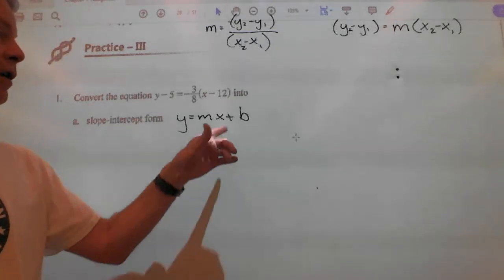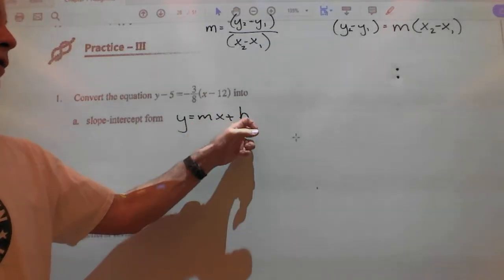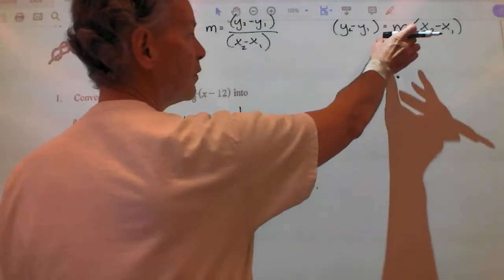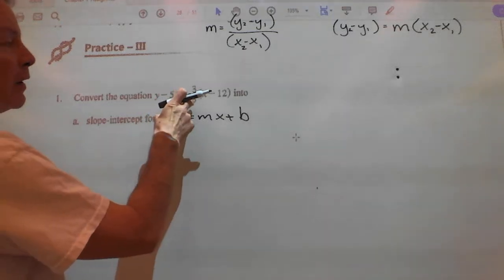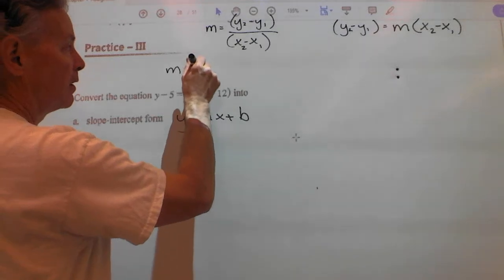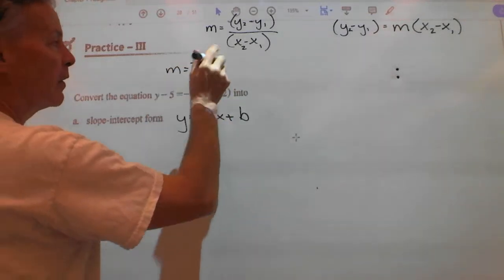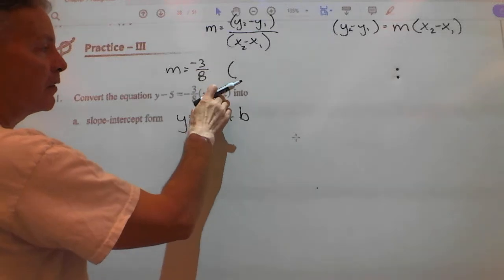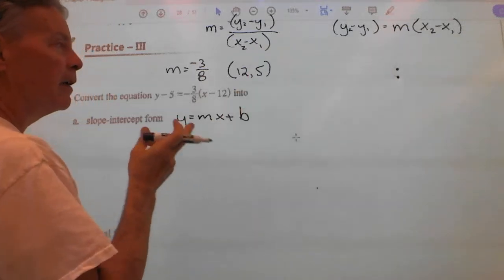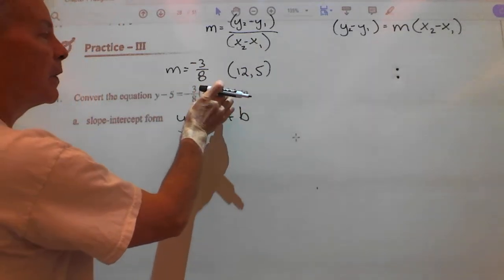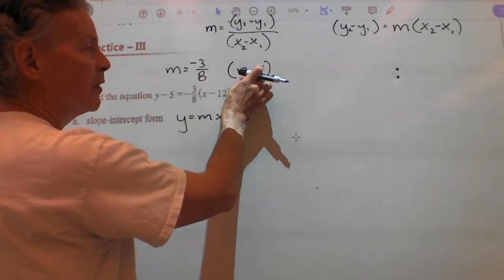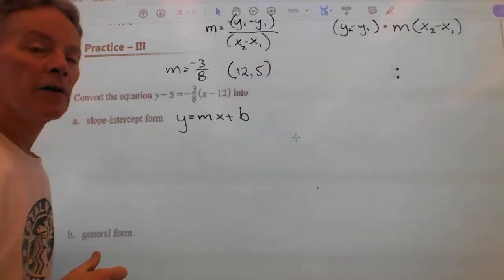In this form, just by looking, you can find the y-intercept and the slope. Whereas with this one, just by looking, you can find the slope, negative 3/8, and a point on the line that has an x value of 12 and a y value of 5. And again, notice that the signs on these numbers in the formula are the opposite of the signs on these numbers when you write it as an ordered pair.